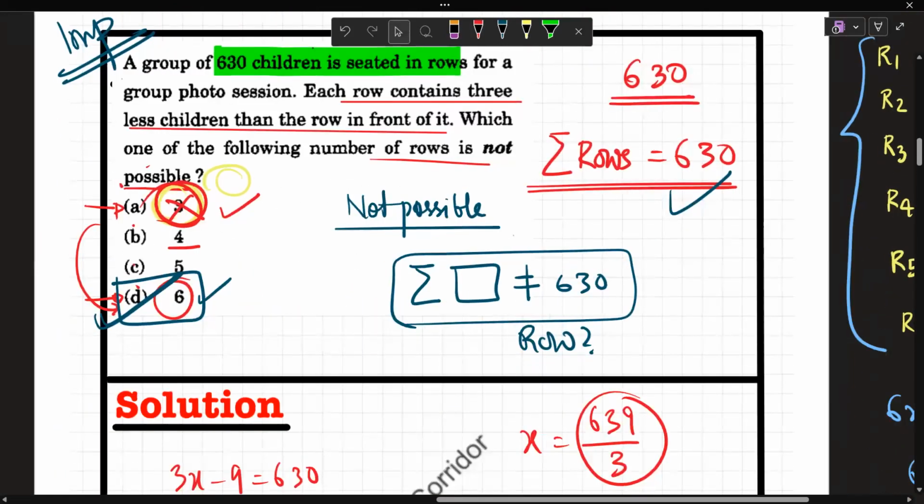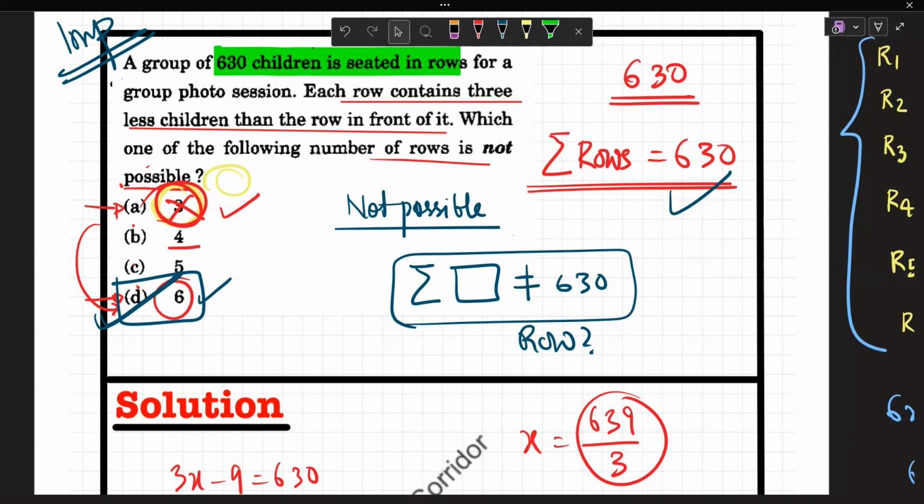Now coming to this question, it was an important question. Long story short, this question was about 630 children who were seated in rows. We have to make a certain arrangement under the condition that the second row will contain 3 less students than the first row, and a similar pattern will be continued. It asked in which of the following numbers of rows the arrangement is not possible.